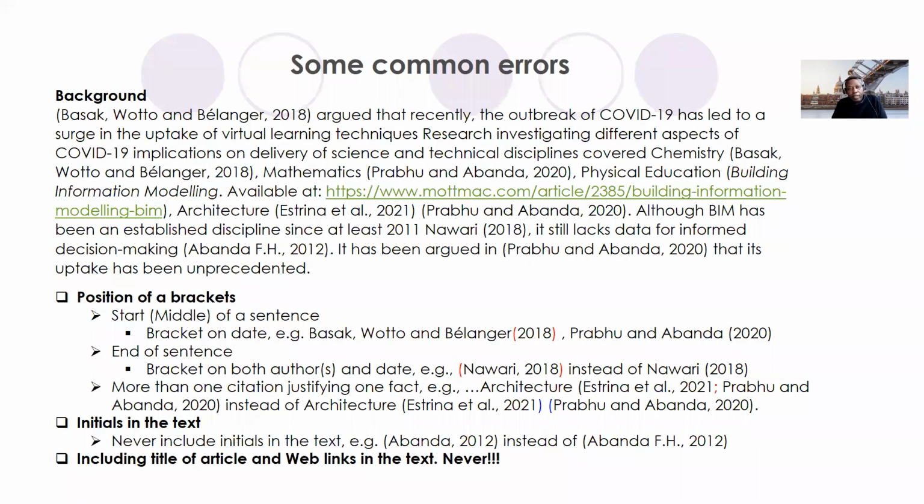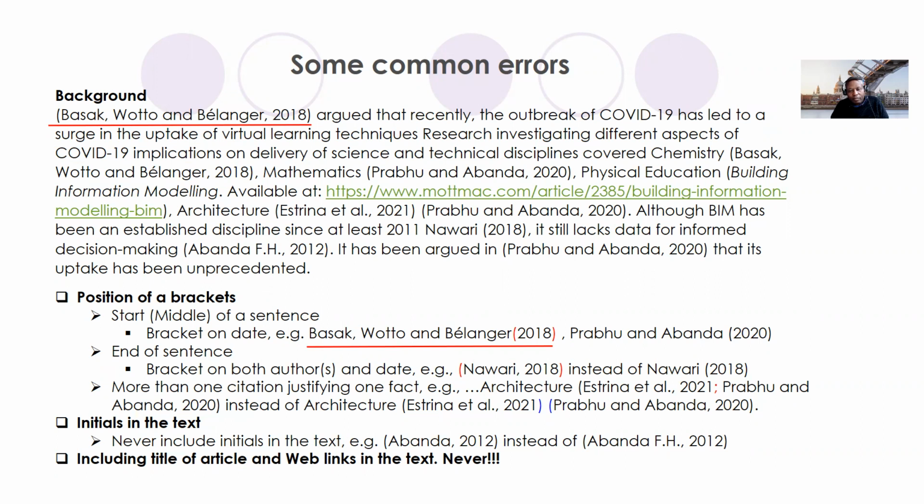Now, some common errors, okay? The very first one is position of the brackets. It can be at the start or the middle of the sentence. Now, at the start of the sentence, you don't put brackets on both the author's name and the date or the year.